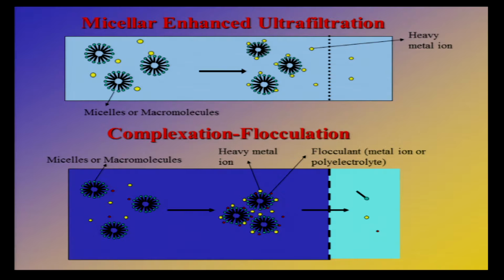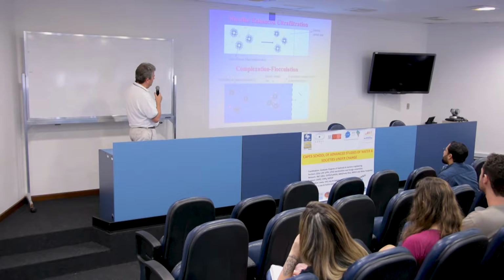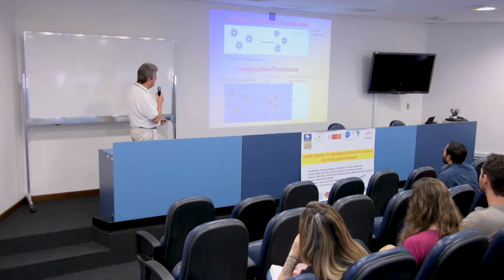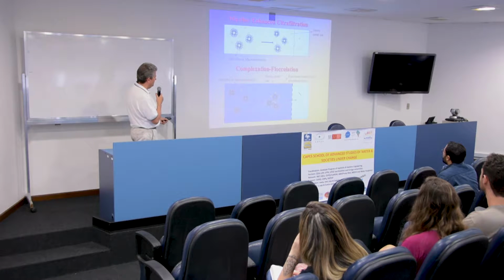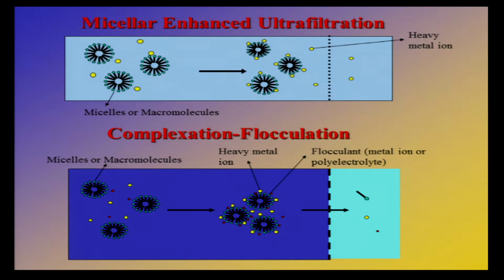Now in complexation flocculation, something different happens. We take the micelle or the macromolecule, which contains the adsorbed species, but then we add another species, which is a flocculant. In this case, the flocculant could be a polyelectrolyte. We could also use metal ions, which is what I showed you yesterday, where things are working in reverse. It could be a surfactant, which is what we used yesterday. But you see what's happening.